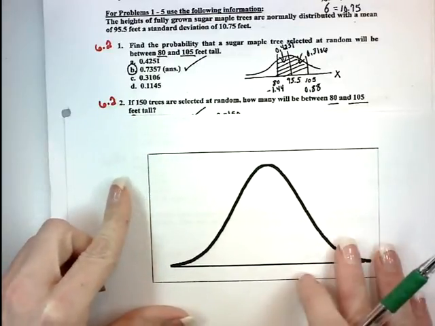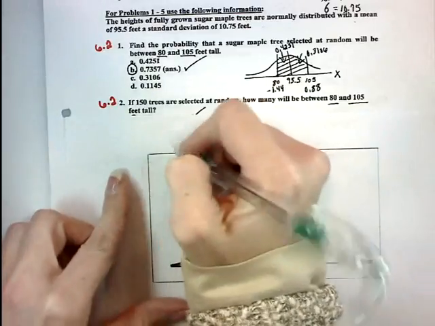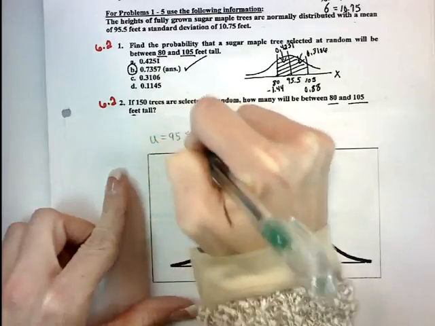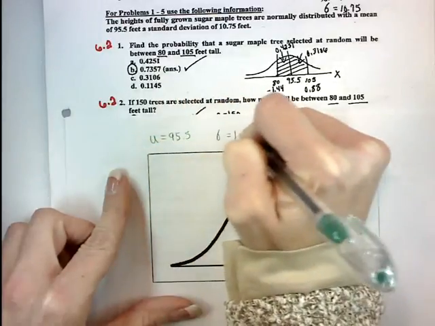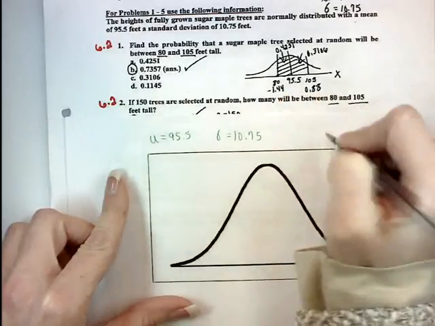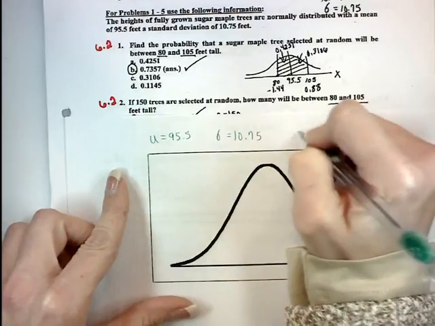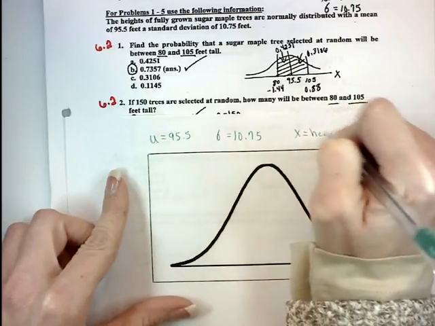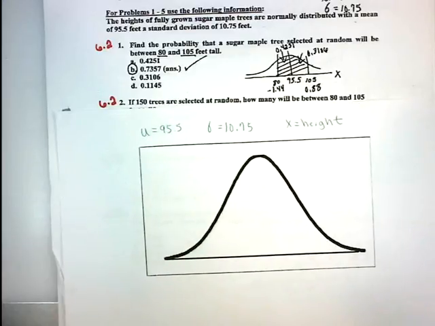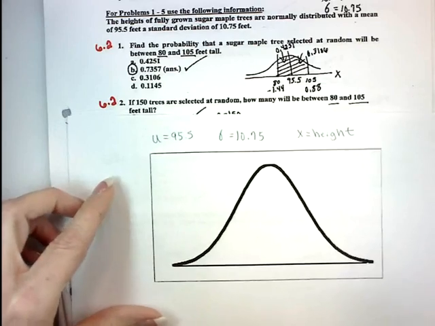With this particular problem, I will write down the question. The mean is 95.5. The standard deviation is 10.75. And we want to find X's height. And the question is, if 150 trees are selected at random, how many will be between 80 and 105 feet tall?